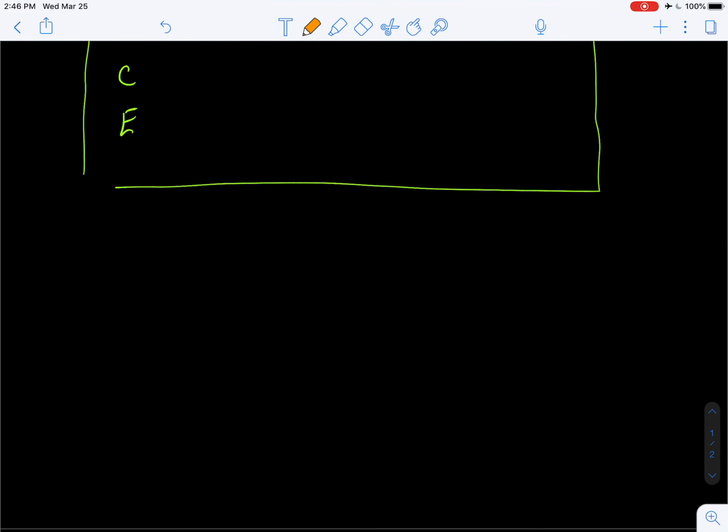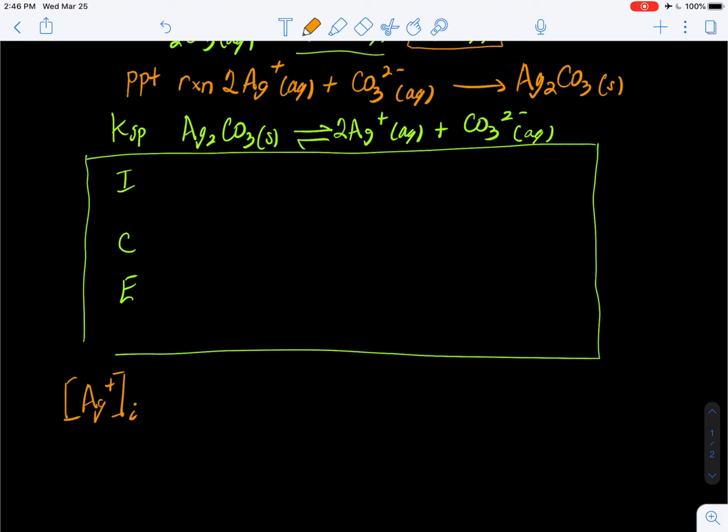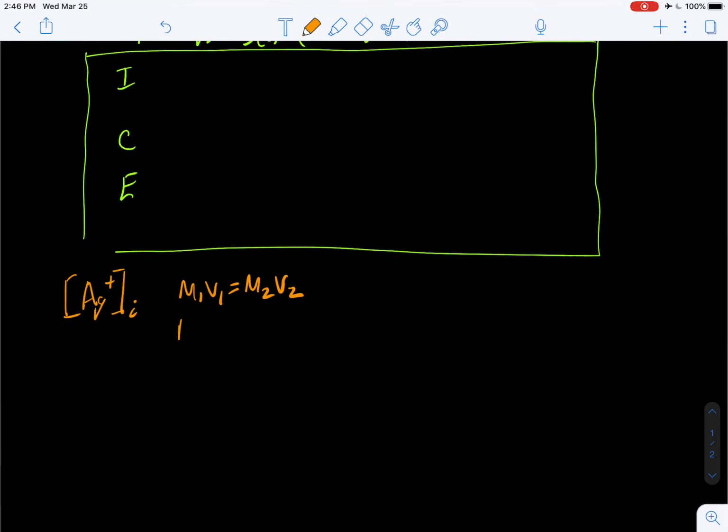So we want to do 2 calculations. One is to figure out, hey, what is the initial concentration of silver ion when the water from sodium carbonate mixes with the silver nitrate, okay? So we want to use the dilution formula here, and we're solving for M2.